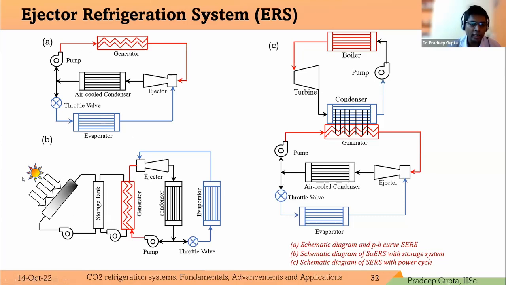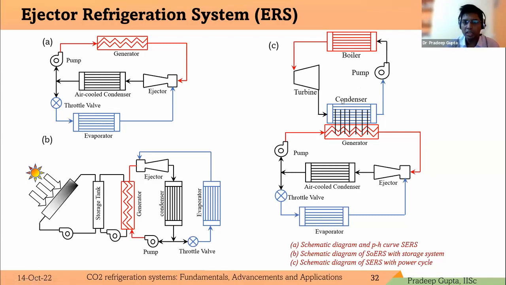People have tried utilizing waste heat from solar heat, and since solar heat is available only in the daytime, we can use a storage tank to provide continuous cooling. This heat also can be taken from an existing power cycle or refrigeration system.